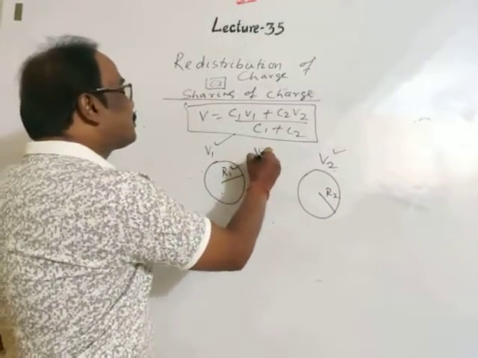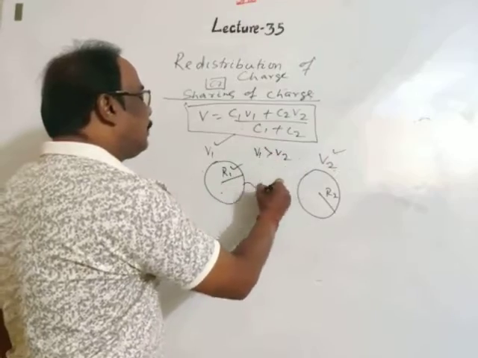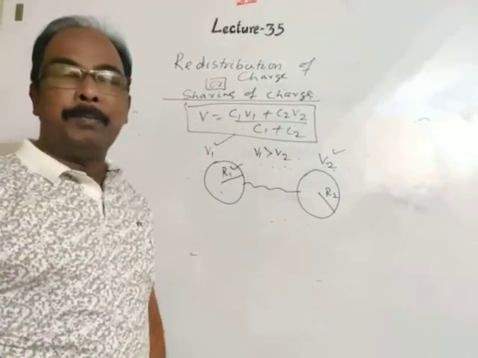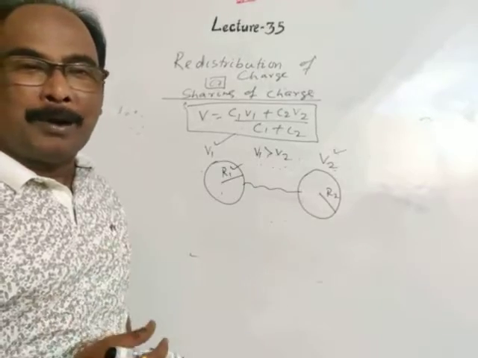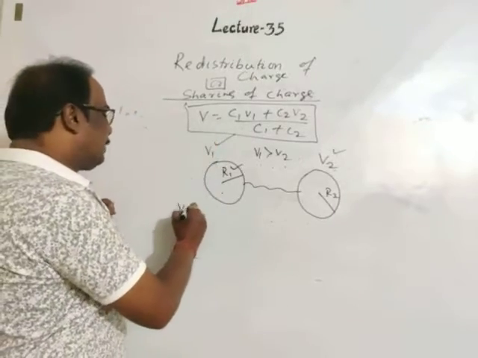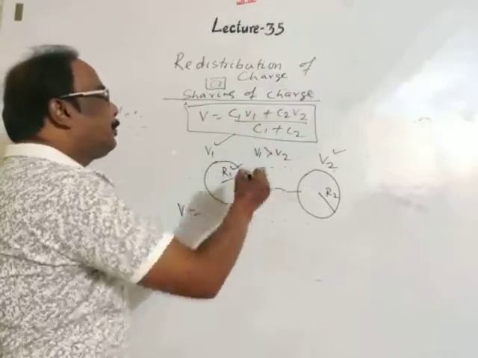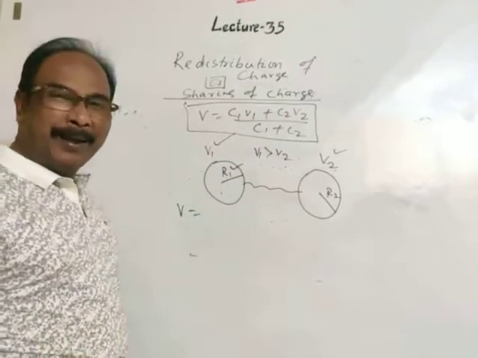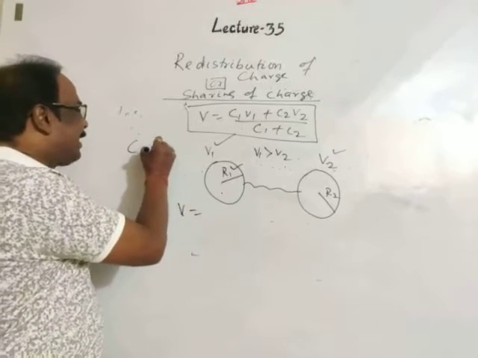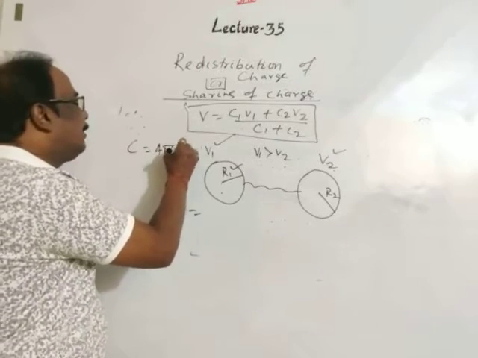If V1 is greater than V2, now the bodies are connected with the help of a conducting wire. Then what is common potential? See, common potential is C1 V1 plus C2 V2 divided by C1 plus C2. For a spherical body, capacitance is 4 pi epsilon naught r.